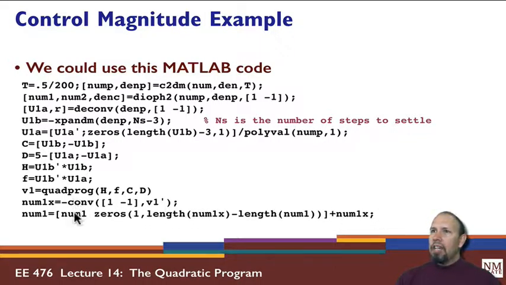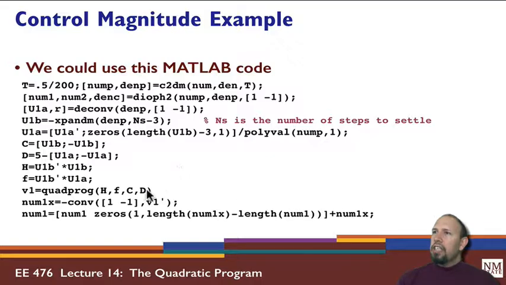We have the minimum order solution that we need to add to this. But in order to add that, we need to make sure that they add compatibly, because again, these are vectors. This has a certain number of coefficients, and it needs to add with this, which in general will have a different number of coefficients. In this case, a large number of coefficients. So that's what we have.